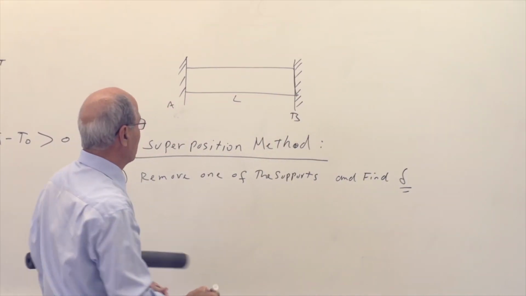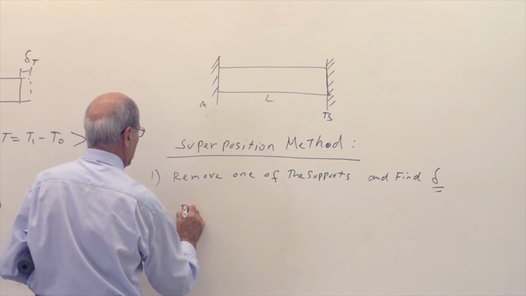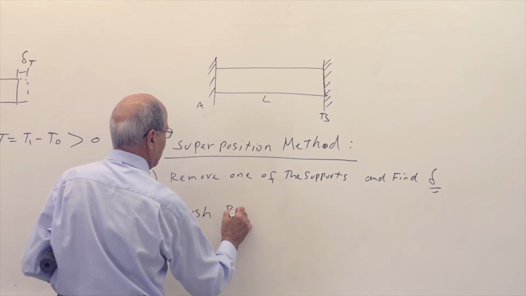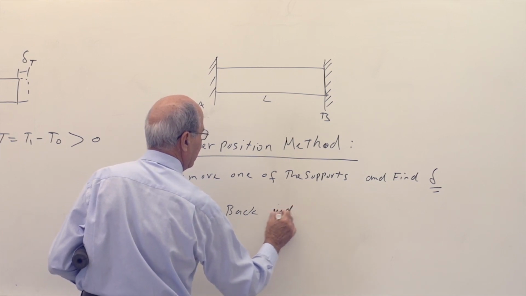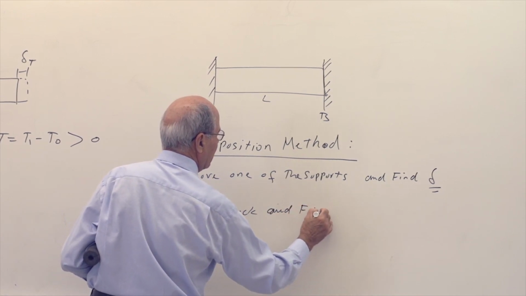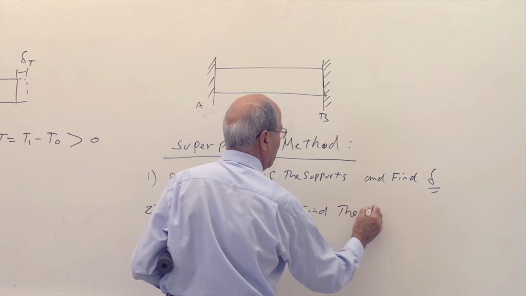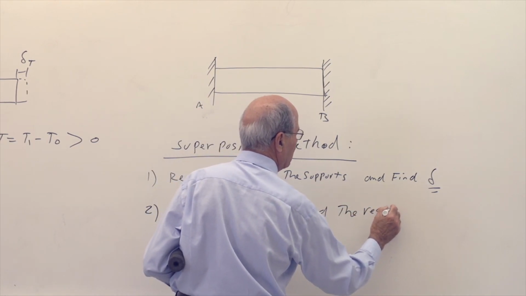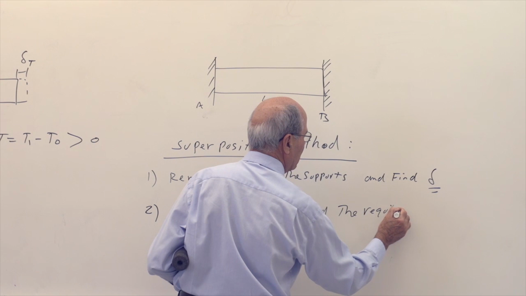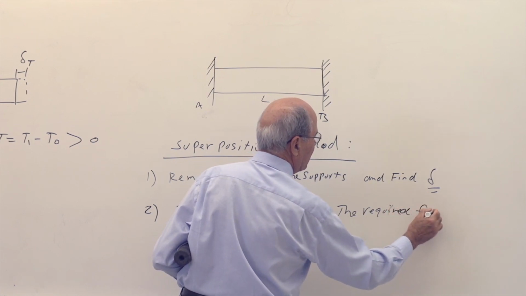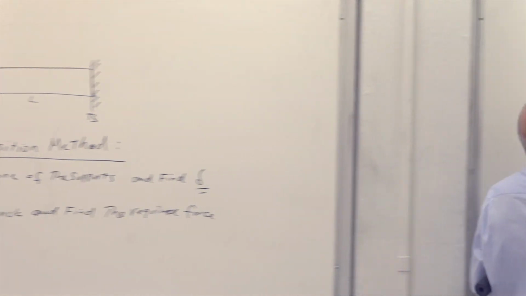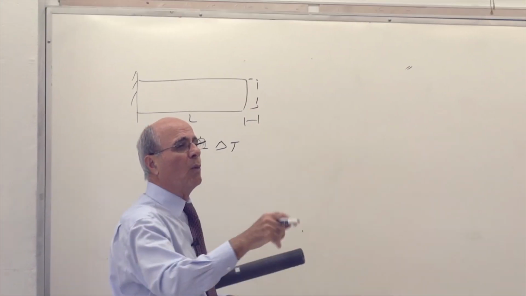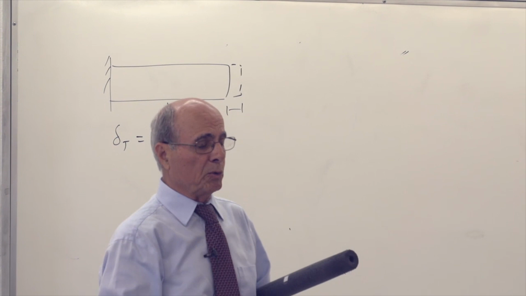Everybody understand? So step two, push back and find the required force. This is in general. I'm going to explain it in a different problem because I don't want to repeat it. Now, the required force is this. I have now this delta given to me, let's say 0.01 inch or whatever, and I want to get rid of that.